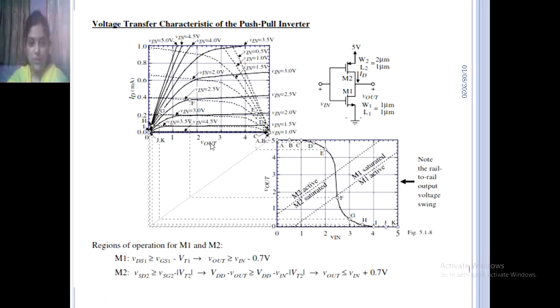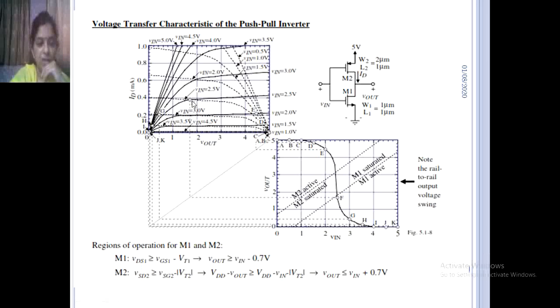If you look carefully at this voltage transfer characteristics, you will get a clear-cut idea. The output current is plotted against the output voltage, which varies with respect to Vin, while maintaining the input voltage constant. These are the transfer characteristics of M1 and M2.